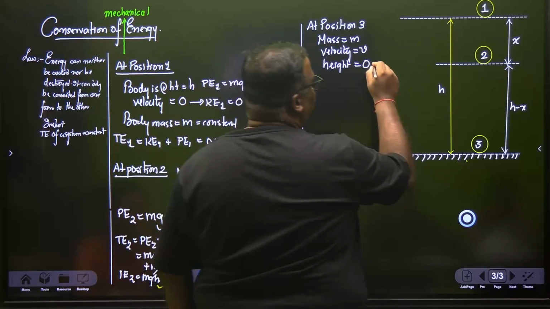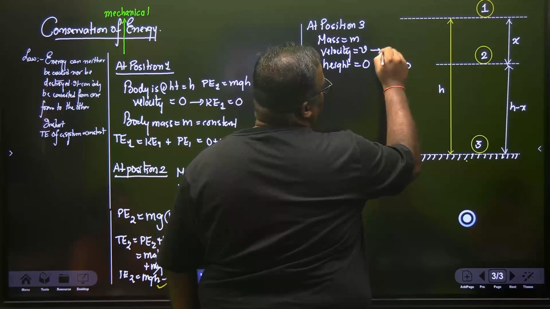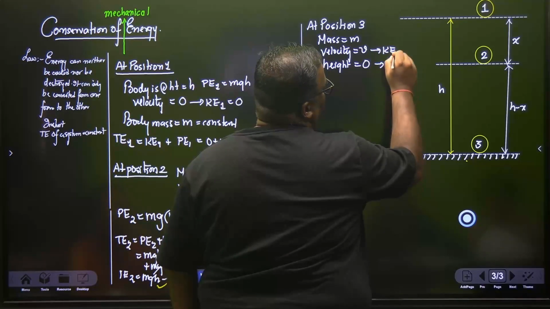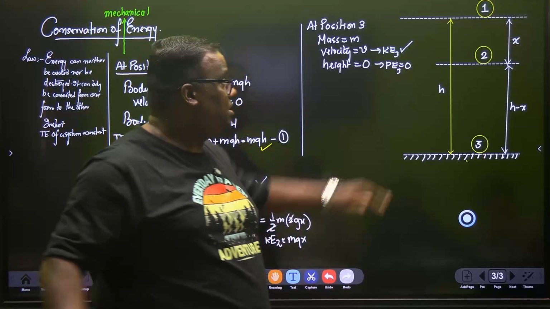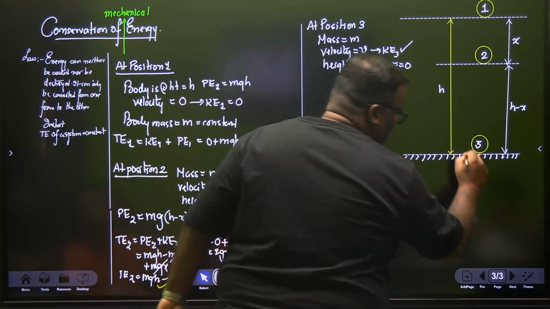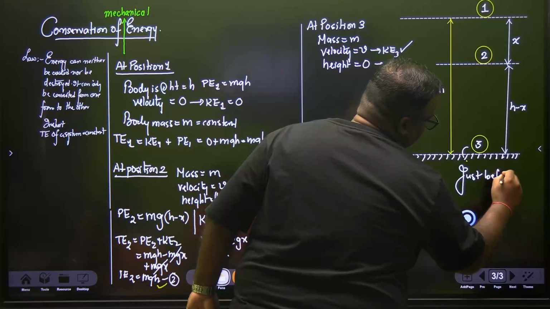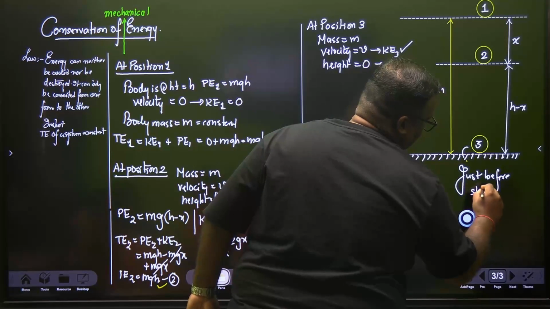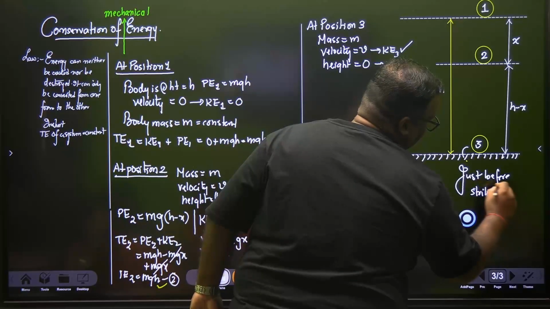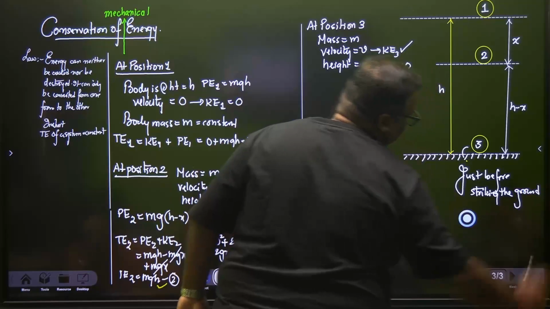So no more height means the PE has become 0, but this means the body at the third position still holds some kinetic energy. Position 3 is just before striking the ground, okay?